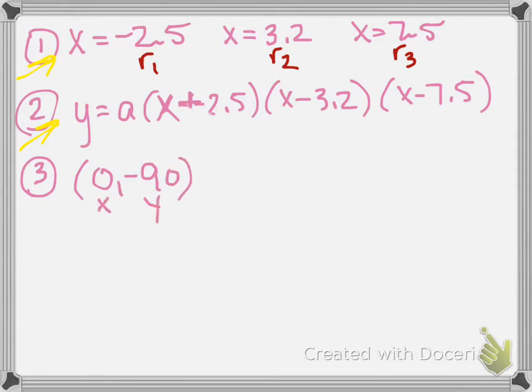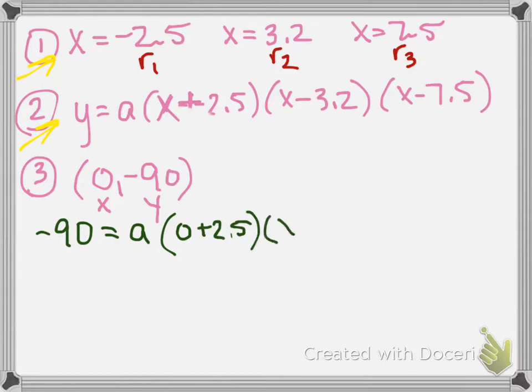So here's x, here's y. So I'm going to plug in negative 90 equals a, that's what I'm trying to find, times, and then I plug in my zeros. So 0 plus 2.5, yes, you can skip this step, 0 minus 3.2, and 0 minus 7.5.